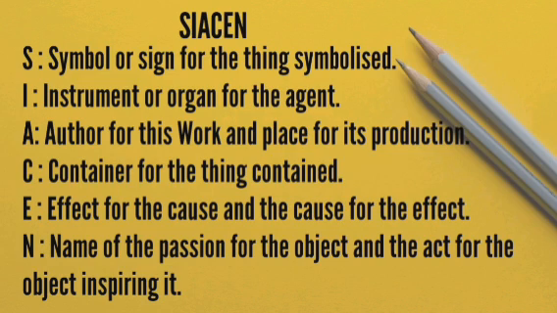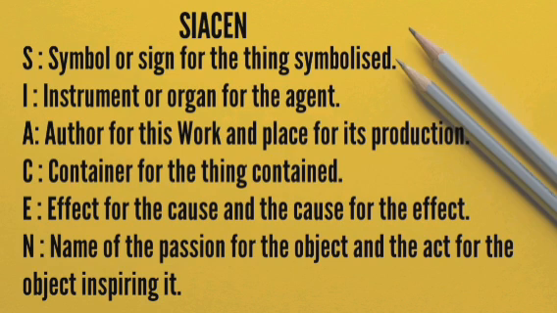Siachen. S তার তলায় লেখ I, তার তলায় লেখ A, তার তলায় C, তারপর E, তারপর N. SIACEN. Write S in the topmost portion, then I, then A, below that C, below C write E, and below E write N. So siachen.